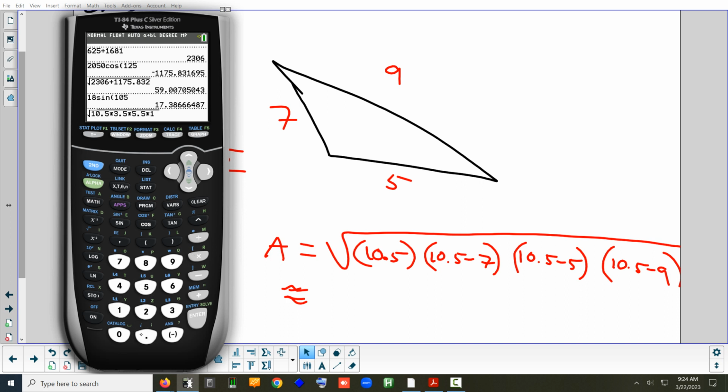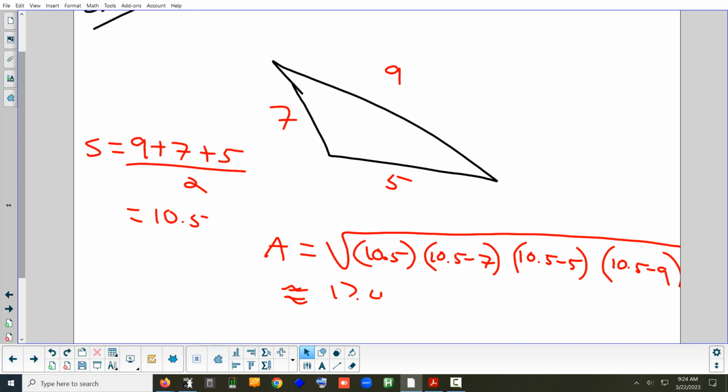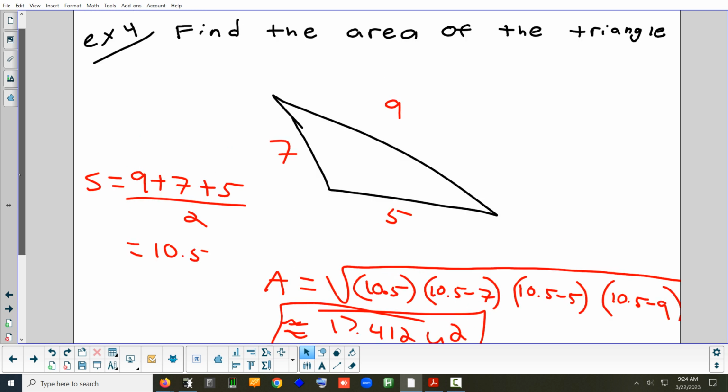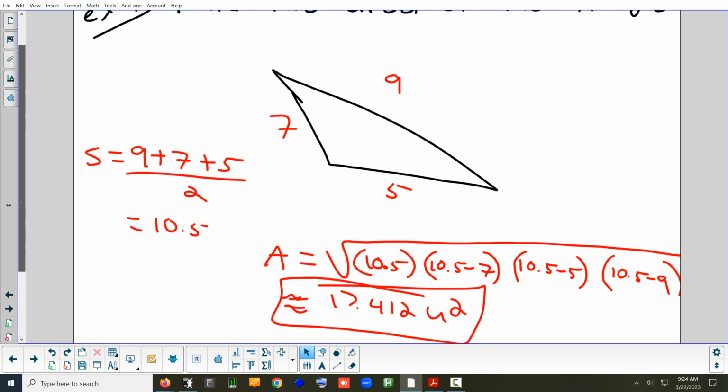Yep, 1.5. I just don't want to type all that in because that's a lot of extra parentheses to put in everywhere. And that's what you type in. So the area of this triangle is about 17.412. I don't think I had labels on the sides, so I'm just going to put square units. And that's how you find the area of a side-side-side triangle.